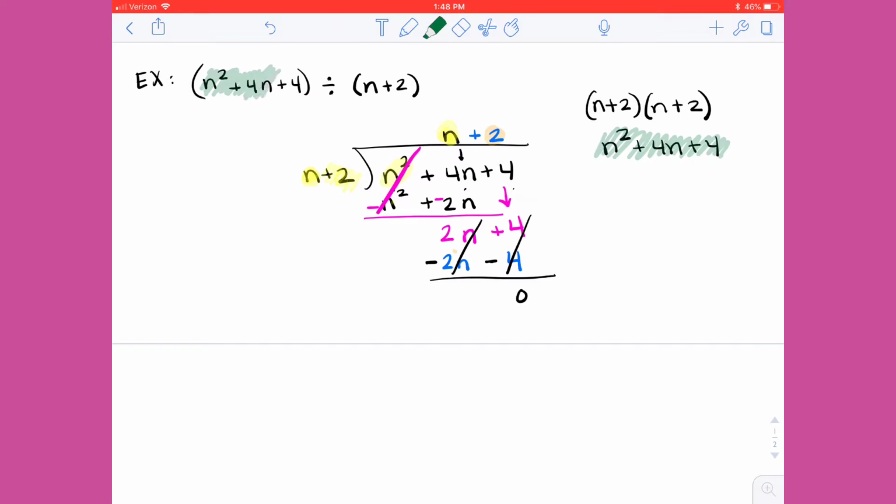So what I'm doing is finding the factors of n squared plus 4n plus 4. When I'm told I know one factor is n plus 2, go find the other factor. Okay? That's called defactorization, when I break down all of my factors as much as I can. Okay? All right, let's do another example.